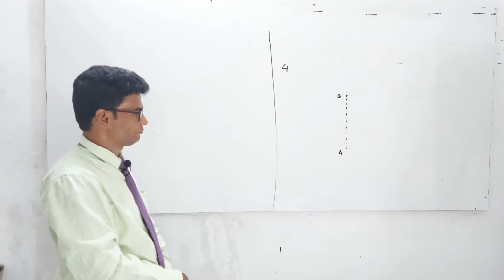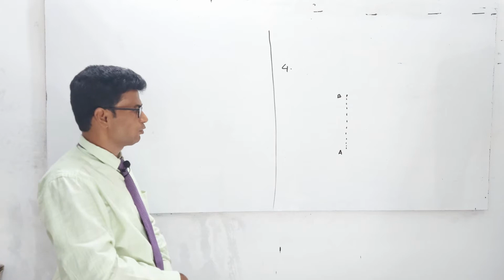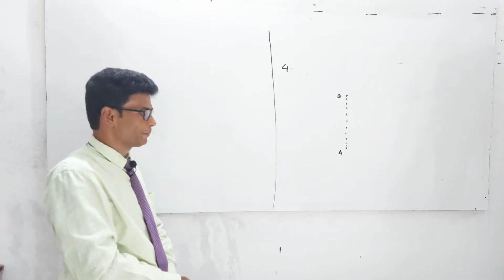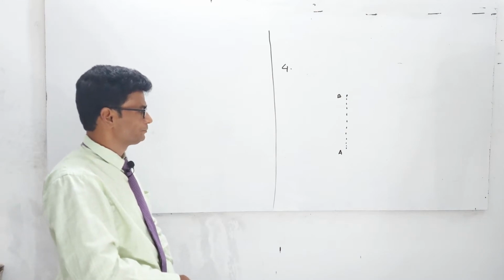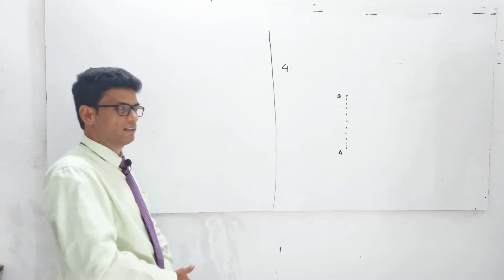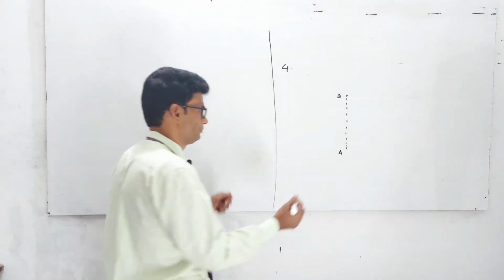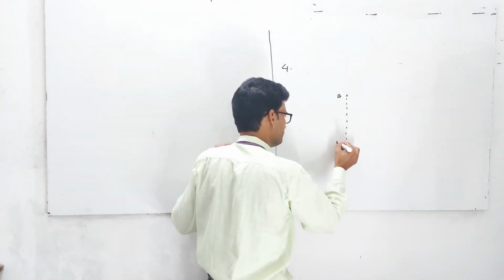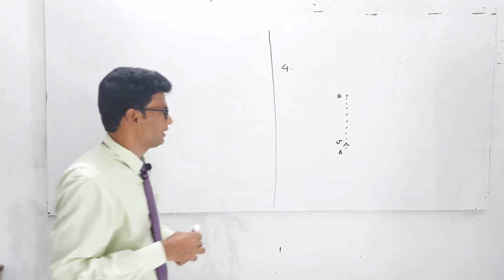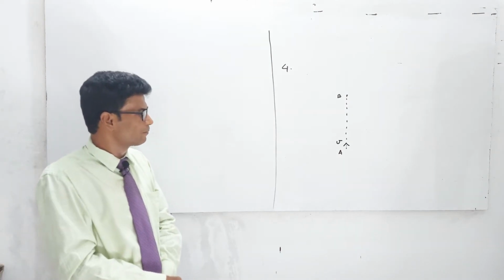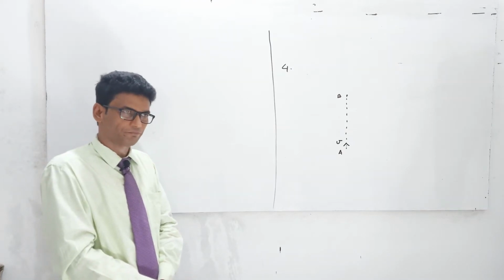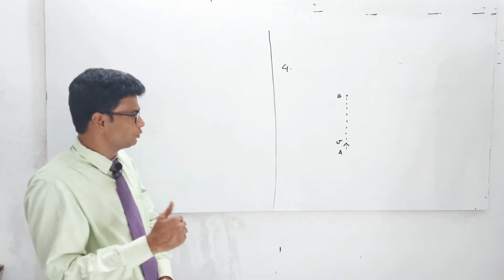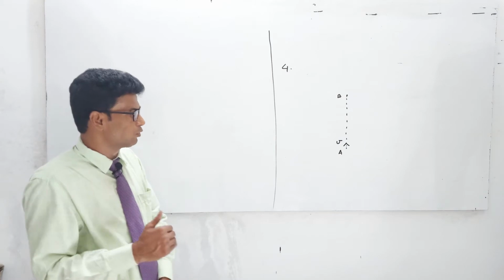Particle A is moving with constant speed small v and is continually aimed at the particle B. And in turn, the particle B starts moving with constant speed u in the horizontal direction.